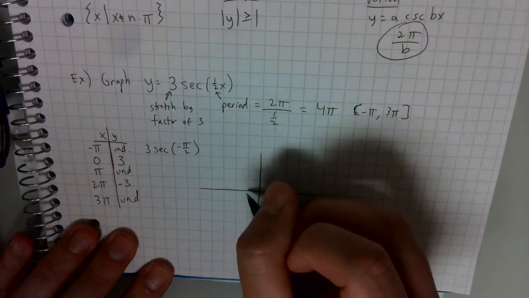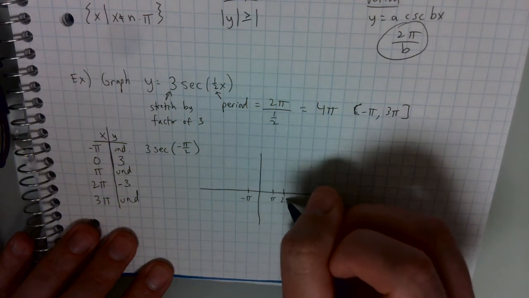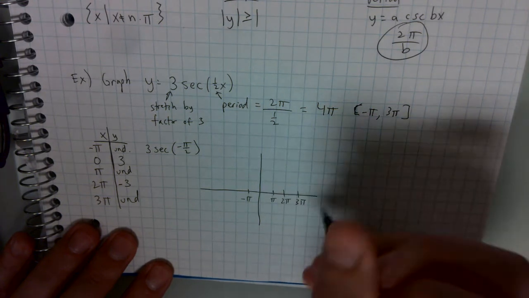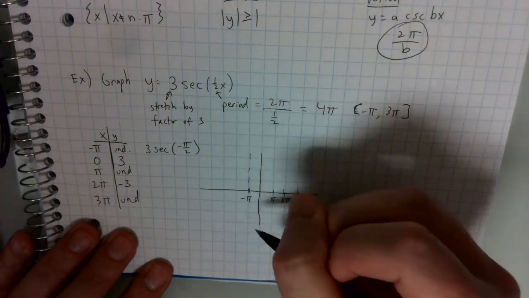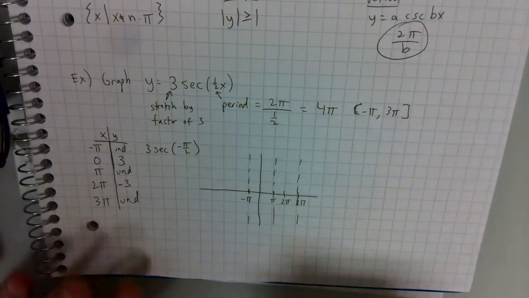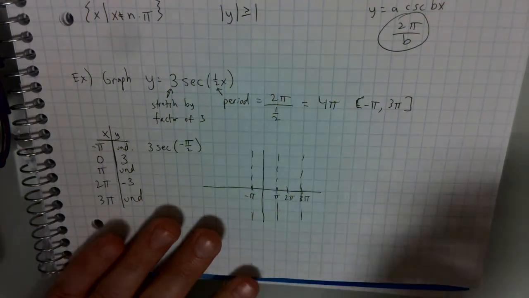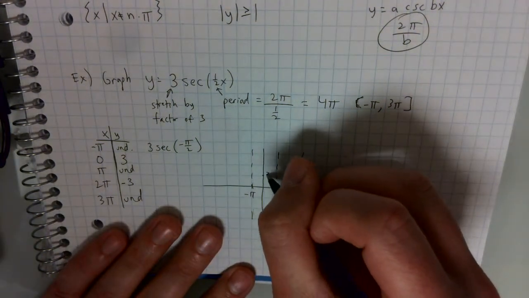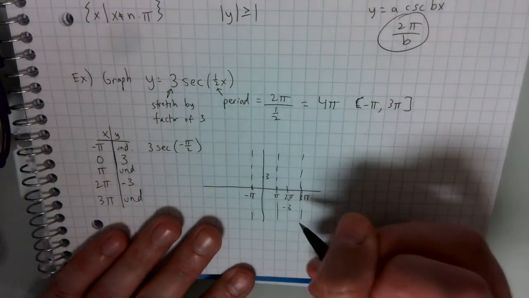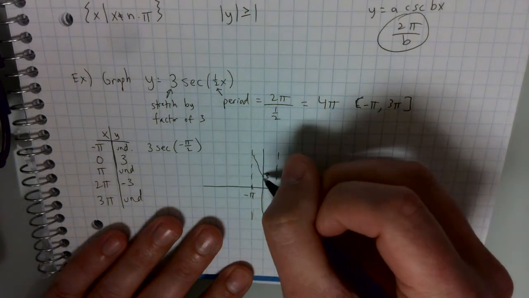All right, so we've got negative pi, 0, pi, 2 pi, 3 pi, and our asymptotes, and now we just want to be at 3 and at negative 3. And we'll look something like that.